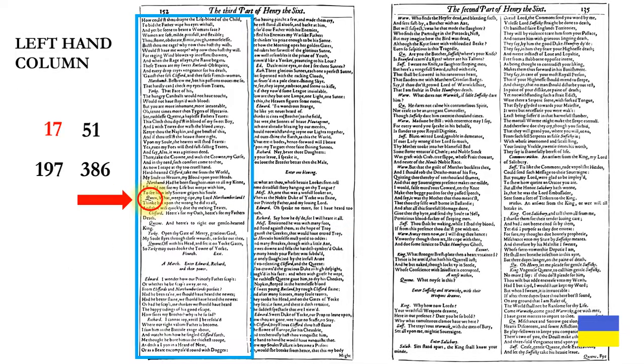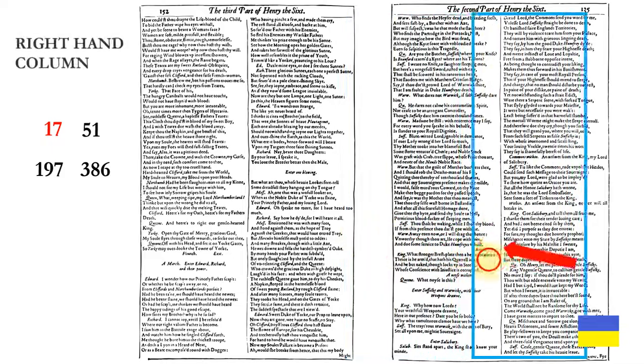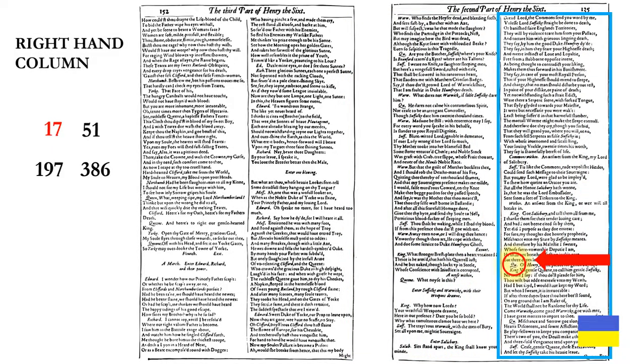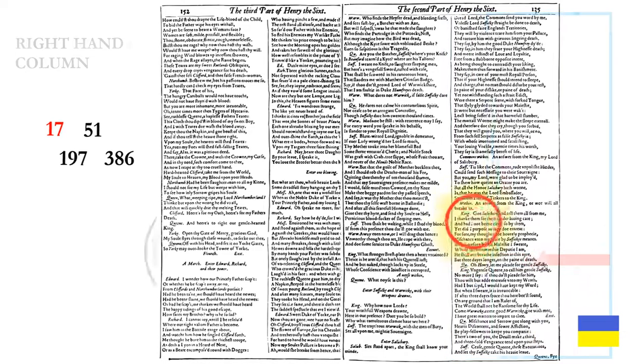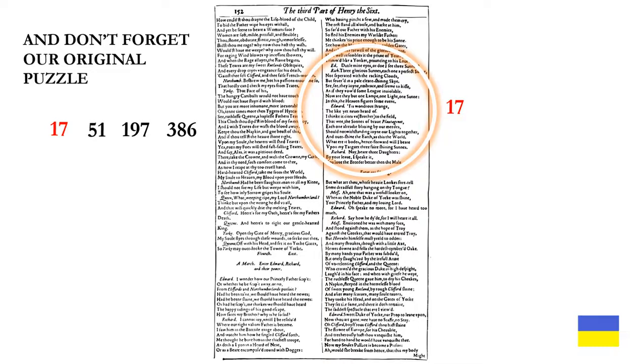On page 152, we see it in the left-hand column. Page 135, it's in the right-hand column. And don't forget our original puzzle, which is a numbergram in the right-hand column of page 152 that adds to 17.